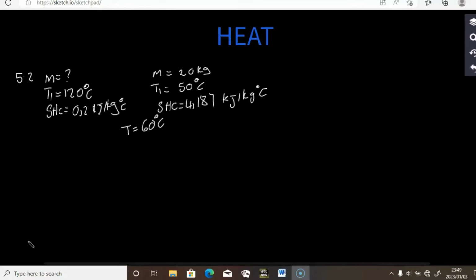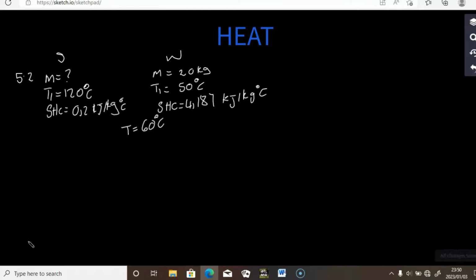Now, to calculate the mass of silver, we are given T1 of silver is 120 degrees Celsius and its specific heat capacity is 0.2 kilojoules per kg. We are given the mass of water is 20 kg.